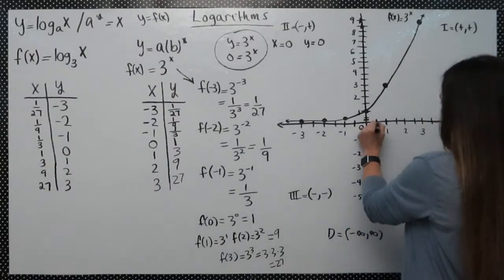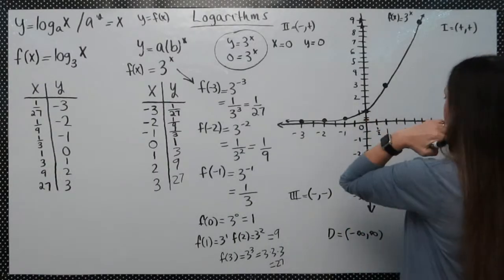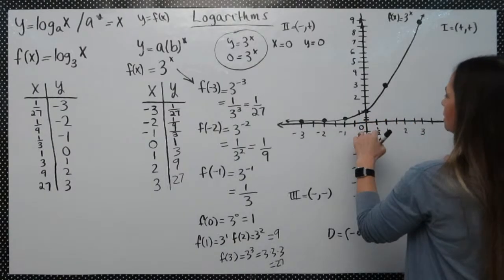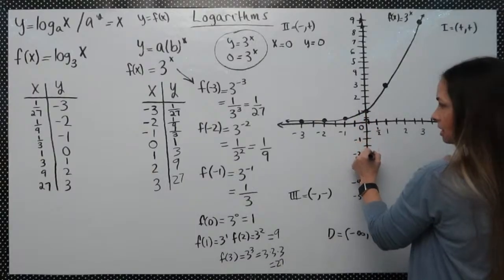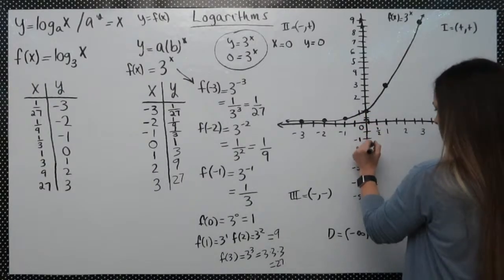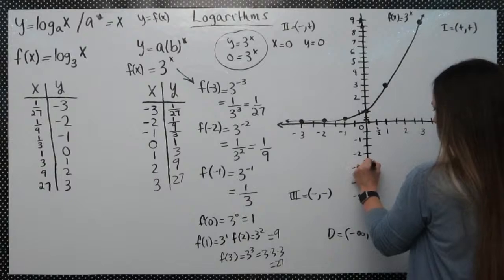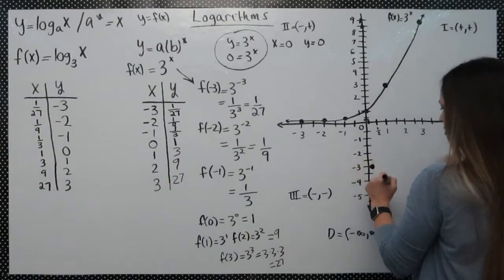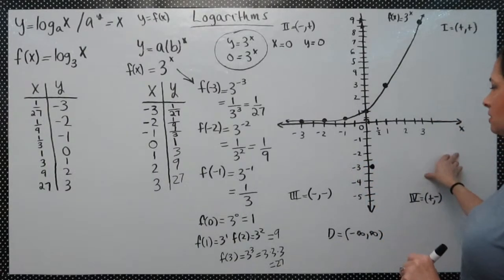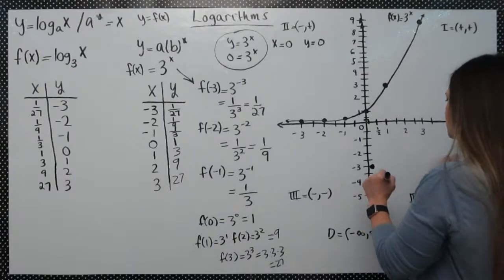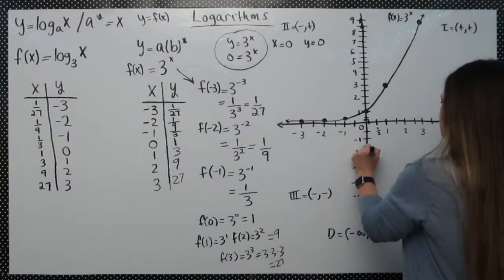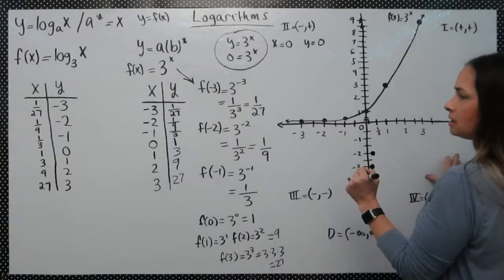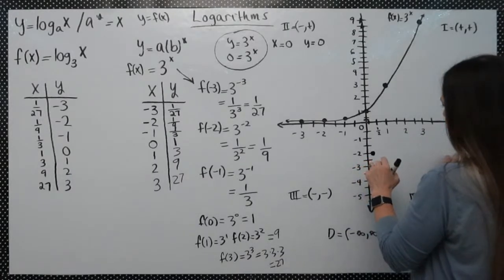So this would be 1/2. So we'll say it's real close, right there. 1/27, -3, so it's right there, just above that. It's not touching the y-axis, it's just sitting right next to it. And 1/9, -2, it's a little bit further, not much, really hasn't moved much at all.